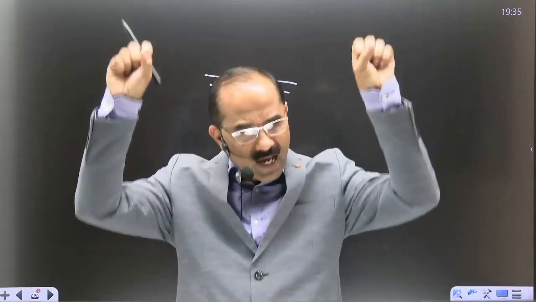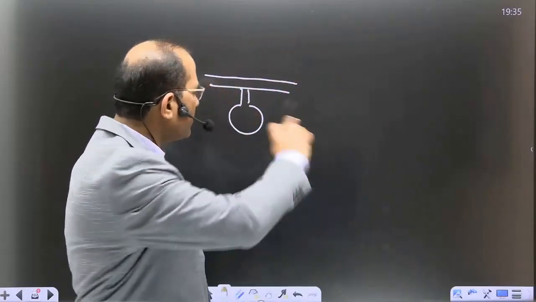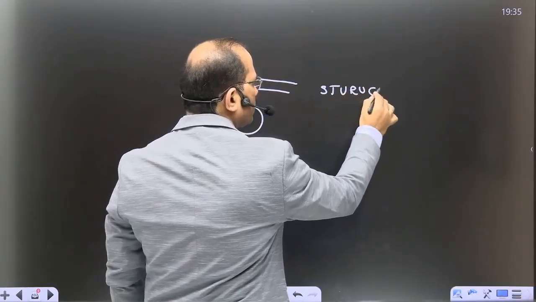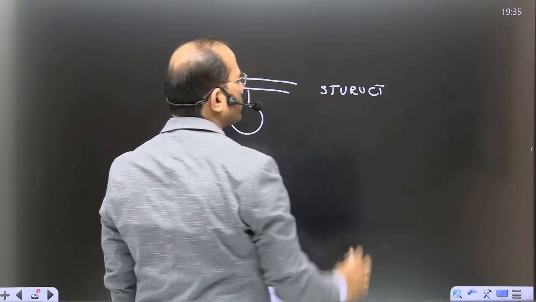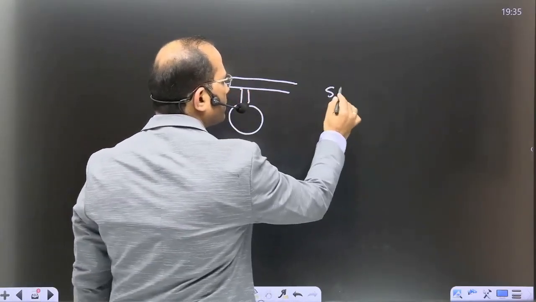So the ganglion is hanging from a nerve. It has got nothing to do with the nerve. It is just hanging from the nerve. And if a ganglion is hanging from the nerve, this relation of the ganglion is what we call as structural relation.